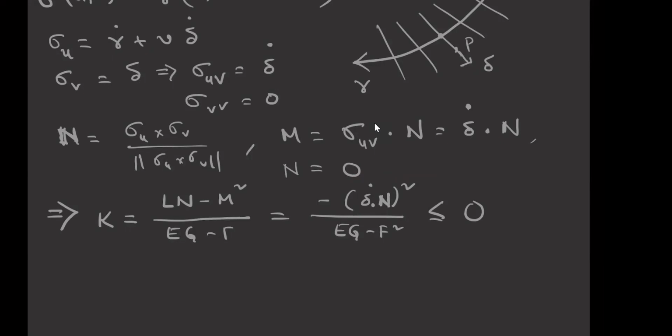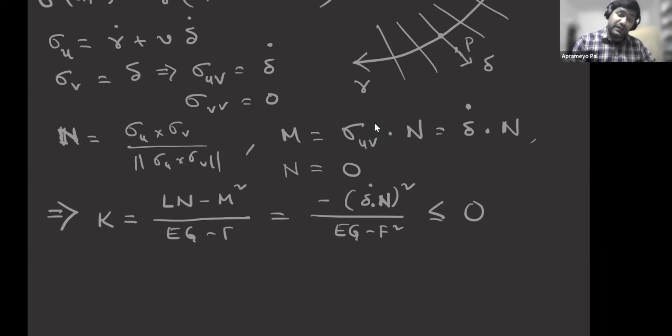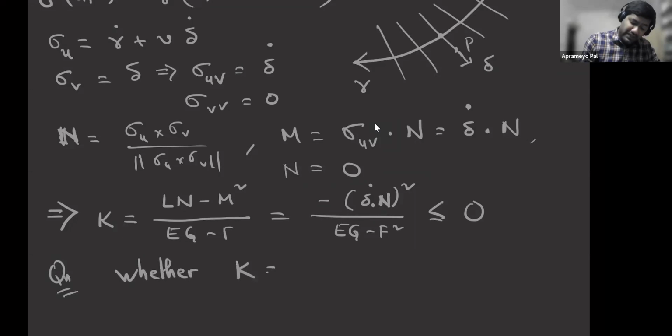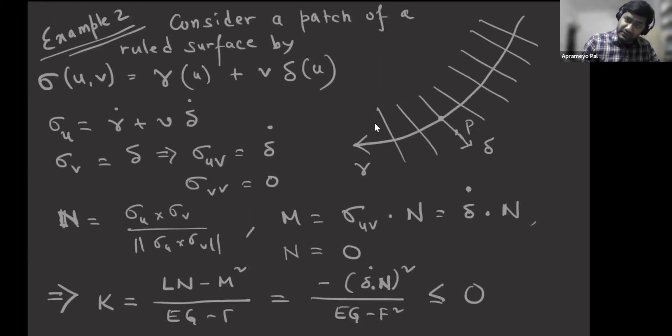For a ruled surface, is the Gaussian curvature equal to the curvature of the curve gamma? That's a good question. So what you are asking is whether k is equal to the curvature of gamma, right?